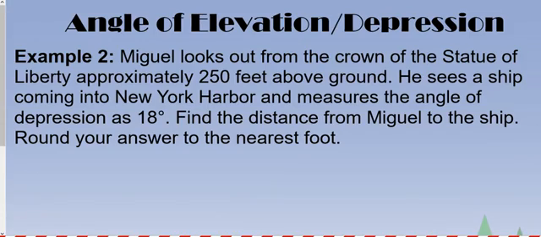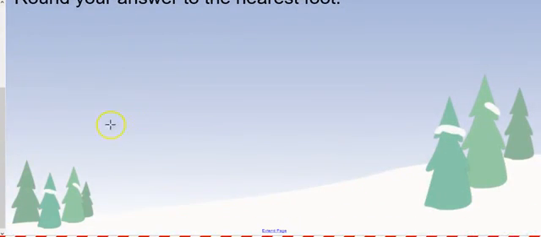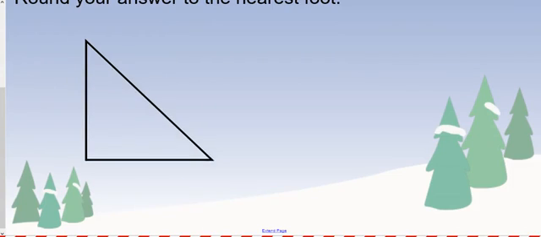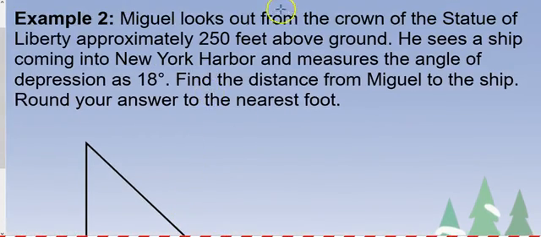Okay, let's try again. Again, I'm going to have my right triangle drawn first. That's the first thing I'm going to do as soon as I see this. Okay, we've got Miguel looking out from the crown of the Statue of Liberty, approximately 250 feet above ground.